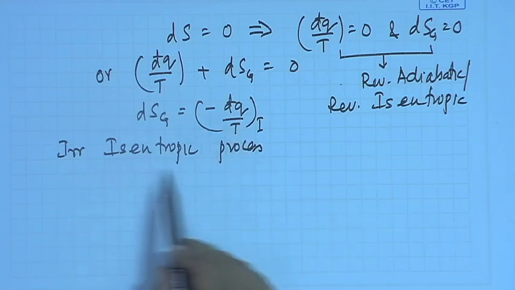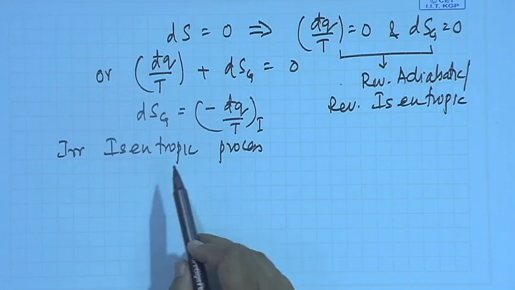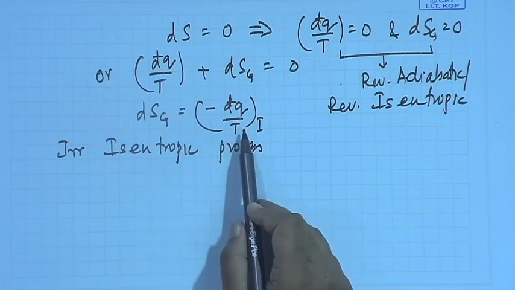First thing is, an irreversible isentropic process is possible only when heat is lost from the system to the surroundings. The reverse direction of heat transfer is not possible, number one. Number two, only when the process occurs in such a way that the system loses heat at the same rate at which entropy is being generated, then we can definitely have an isentropic process which is neither reversible nor adiabatic, but it is isentropic.